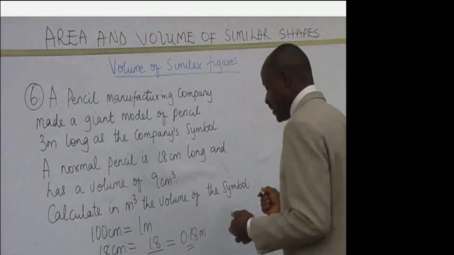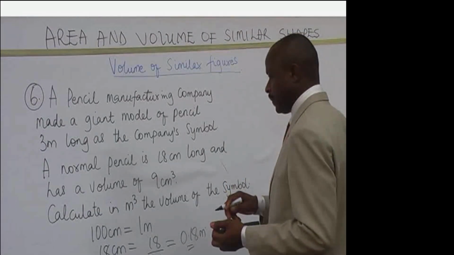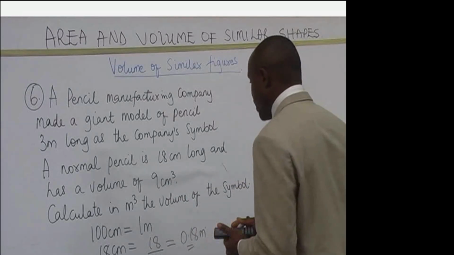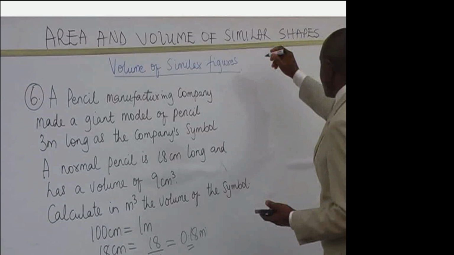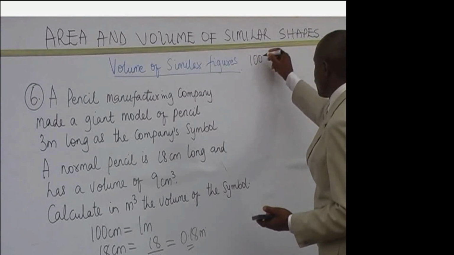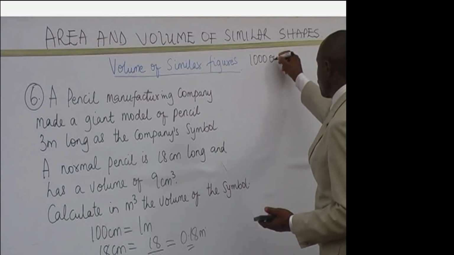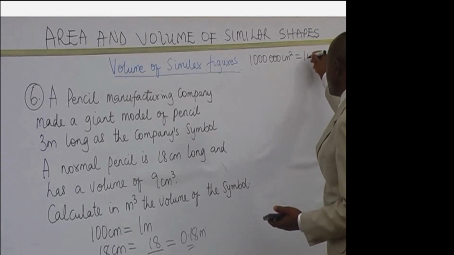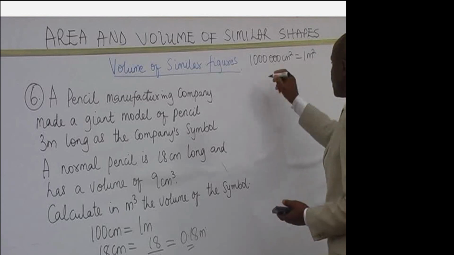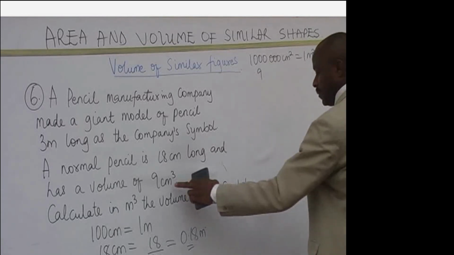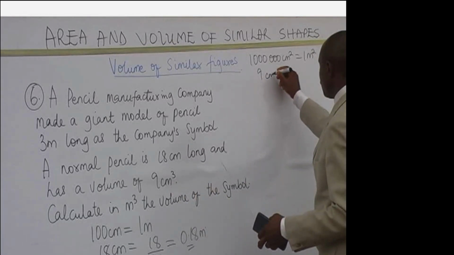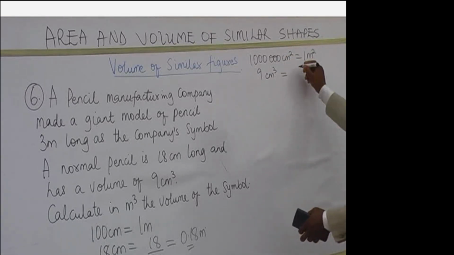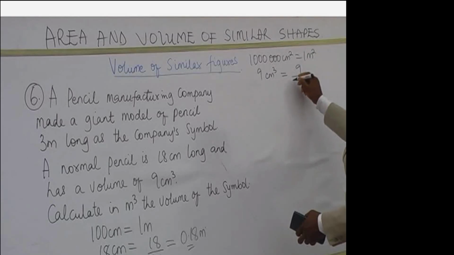So let's convert 9 cm cube to meter cube. The parameter is that 1 million cm cube is equal to 1 meter cube. Therefore, 9 cm cube is going to be 9 divided by 1 million.